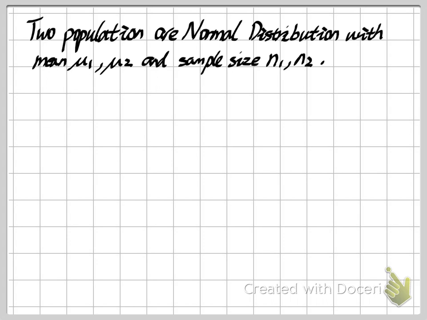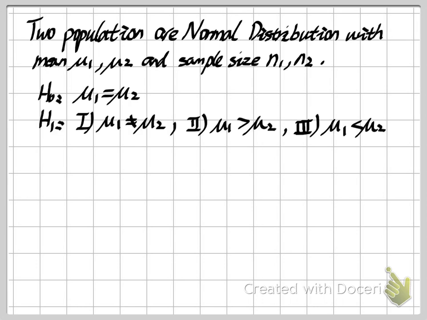However, here we are interested in the difference between two means, so we write our null hypothesis as mu1 equals mu2. So it looks like this equation. Based on our null hypothesis, we will have our alternative hypothesis.